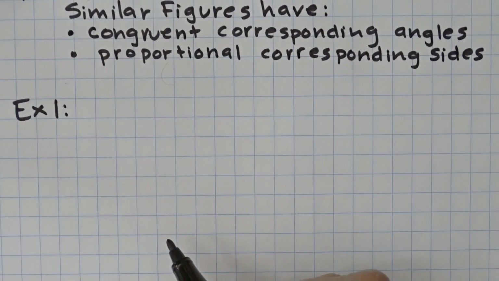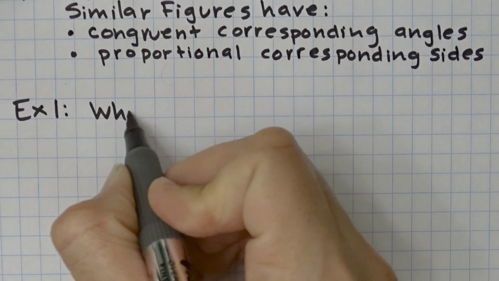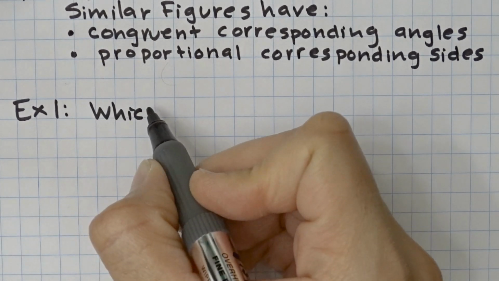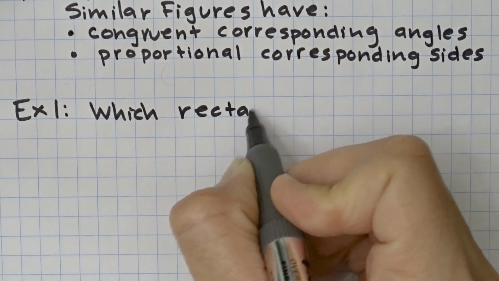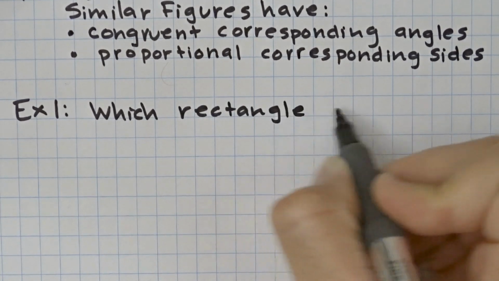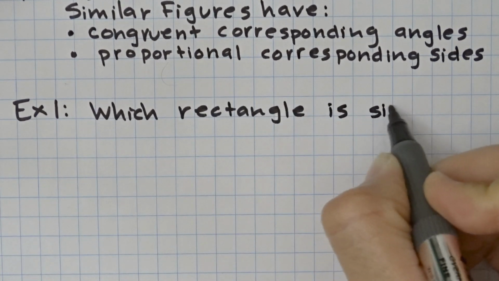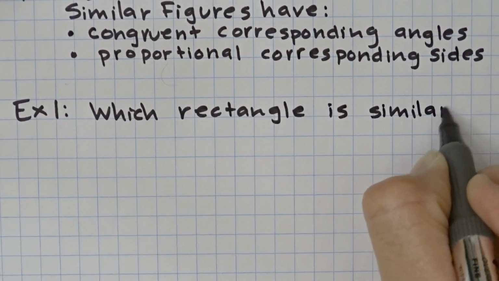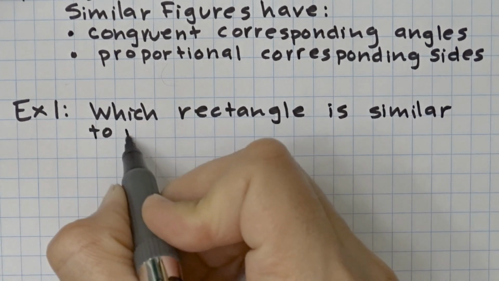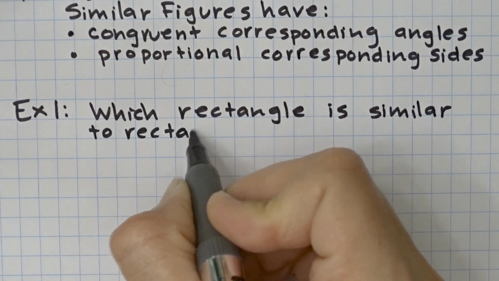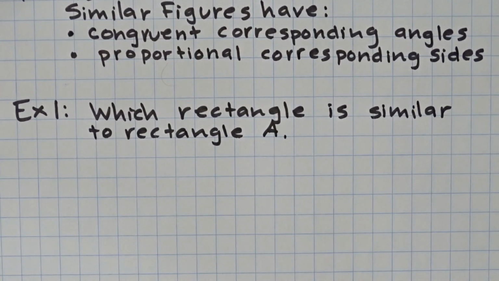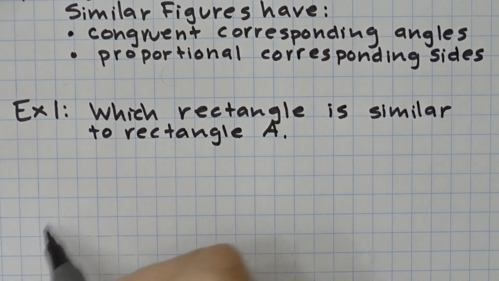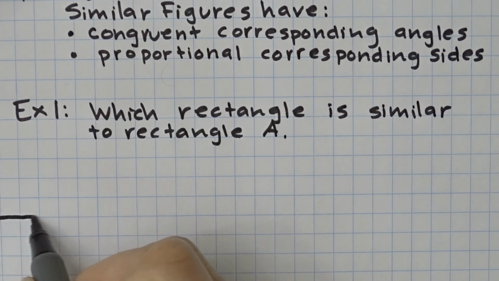Which rectangle is similar to rectangle A? So rectangle A will be a 6 by 3. I have graph paper, so it's easier. If not, you can just kind of estimate.